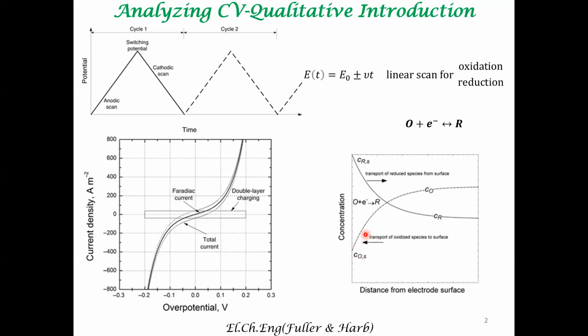So if we try to use the most general equation, it has three components to the flux, right? There is the migration flux, convective flux, and diffusive flux. The migration flux can be more or less completely suppressed by using a supporting electrolyte.